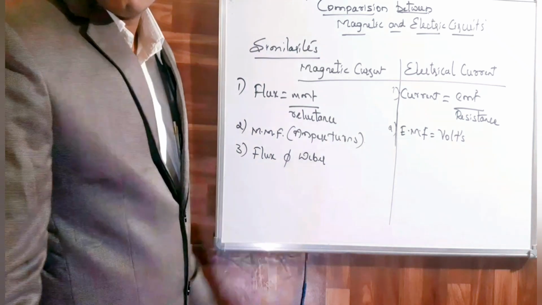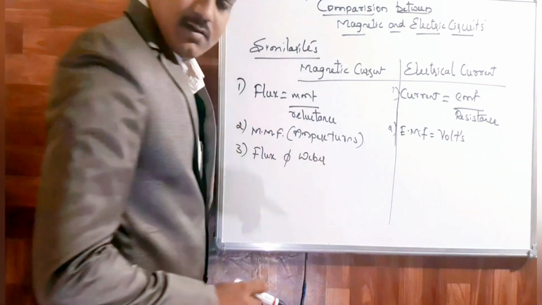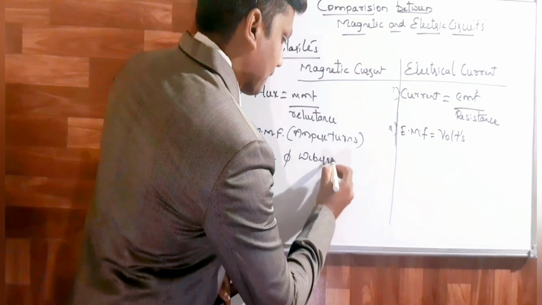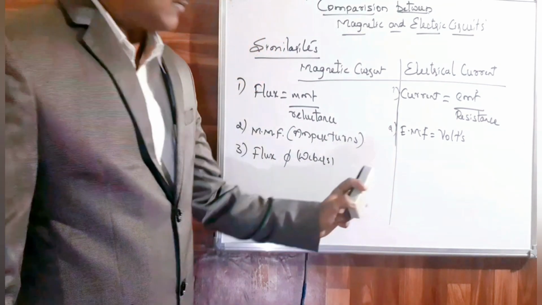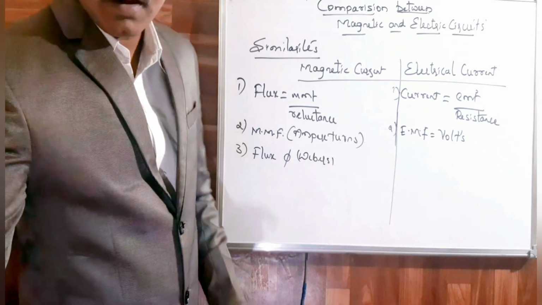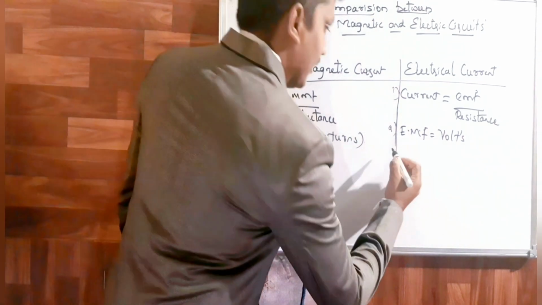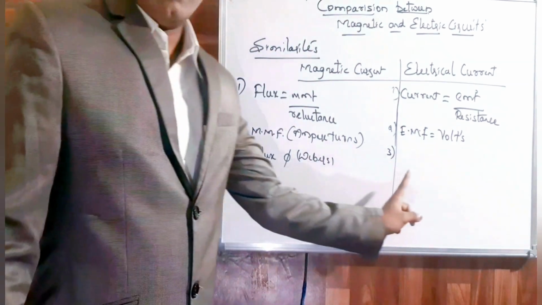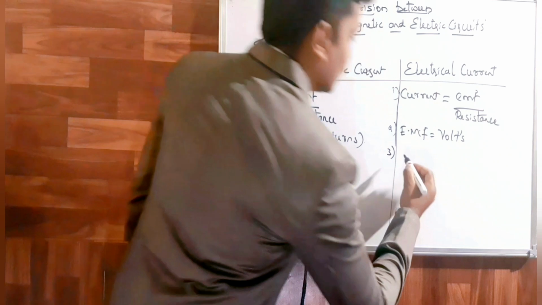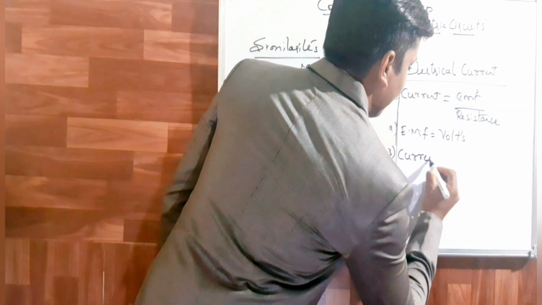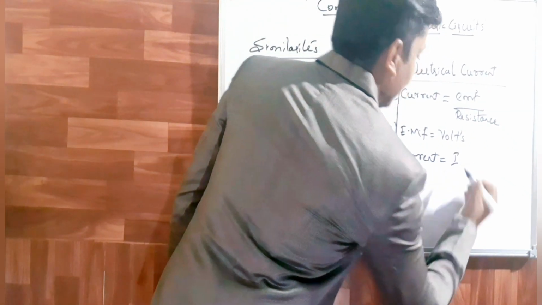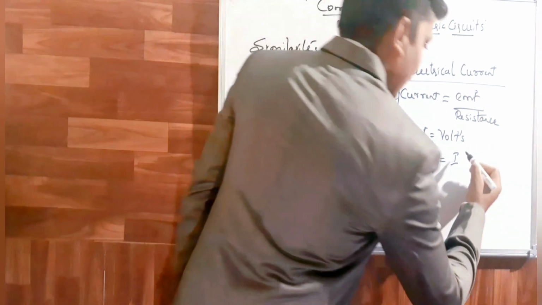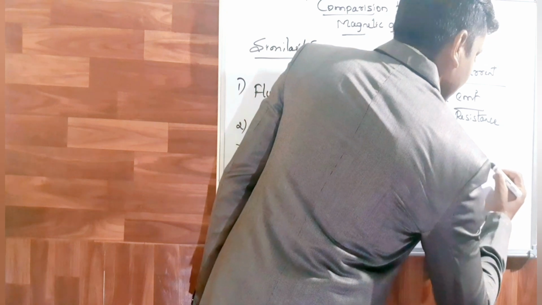And here in electric circuits we have the third point: the flux is very similar to current. The symbol for current is I, and the unit for I is amperes, as you know.